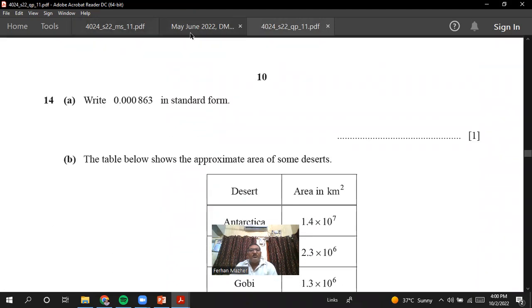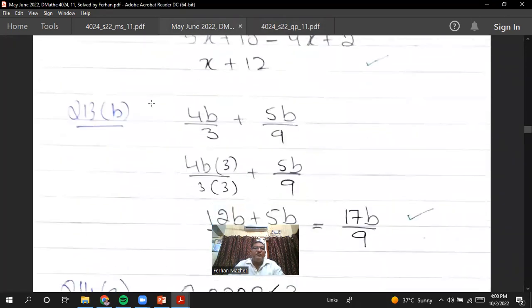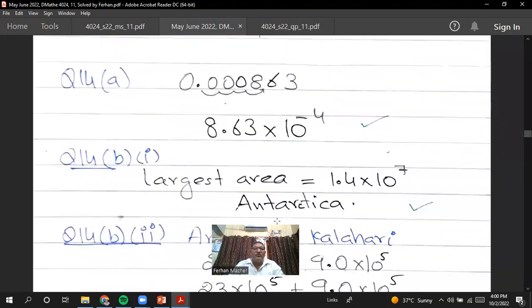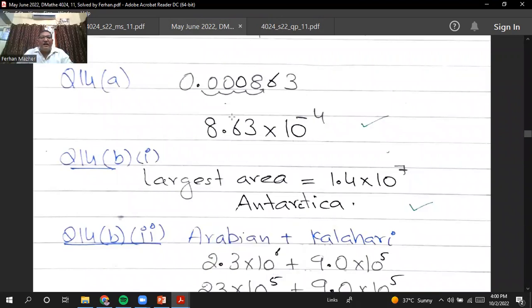So now you have question number 14. He says write 0.000863 in the standard form. So if you want to write it in the standard form, the decimals have to be moved. So you will move your decimal. You can see I put it here. It will become, move 1, 2, 3, and 4, and it will become 8.63 into 10 to the power minus 4.